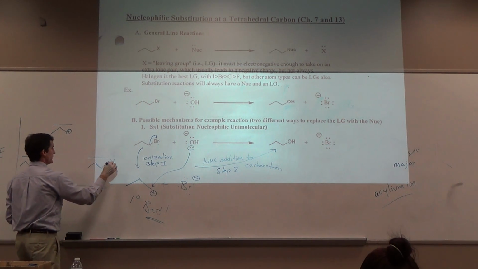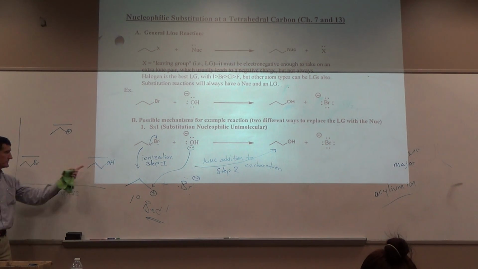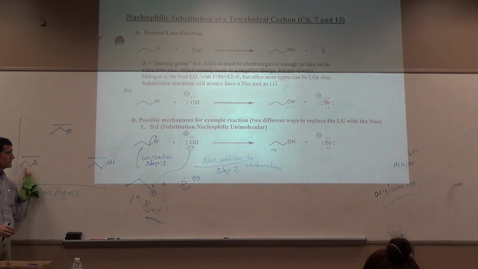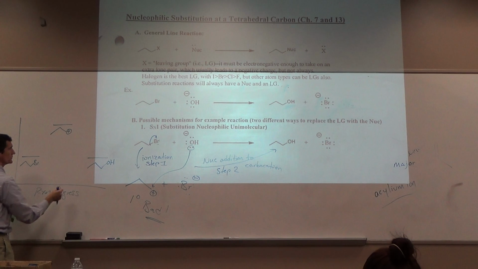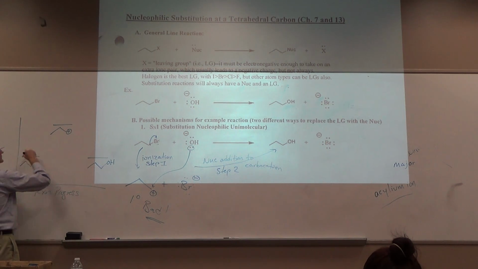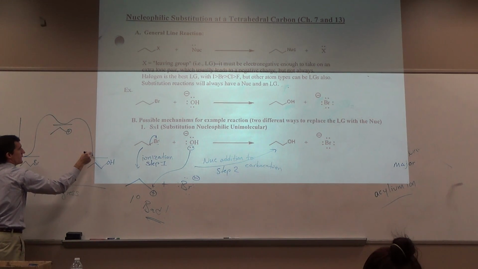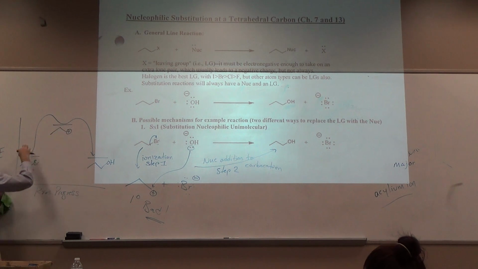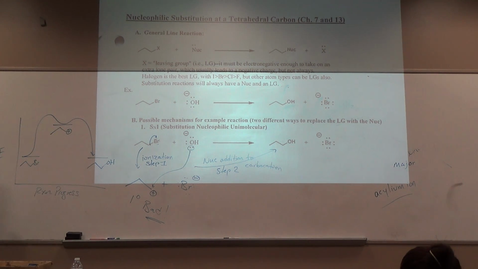I'm not going to show. This is going to be tough to determine here. It's not like we're going from a pi bond to two sigma bonds. This is tough, but we're back to neutral. And it's going to look something like this, right? One intermediate. Which is the rate determining step, do you think? First one. Why?